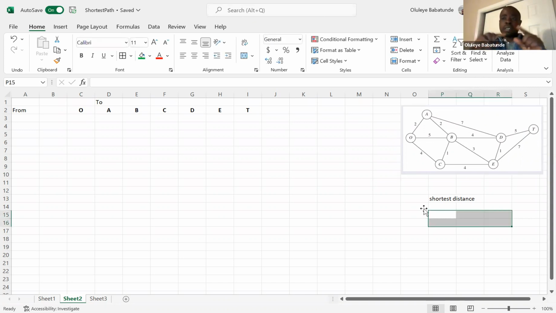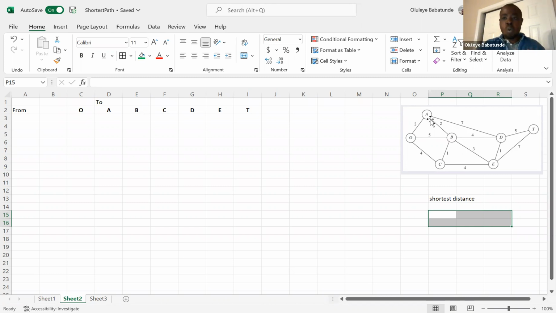For instance, if you look at any city, you can have a series of road networks, and the road junctions are represented as nodes, the circle nodes, like all the alphabets O, A, B, C, E, D, T. They are all road junctions. And between two road junctions, you have distances measured.